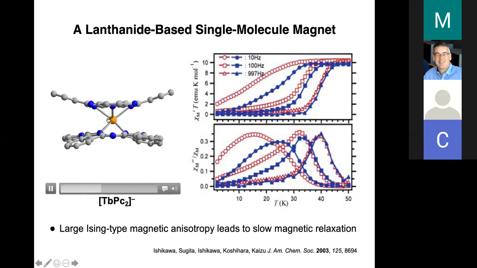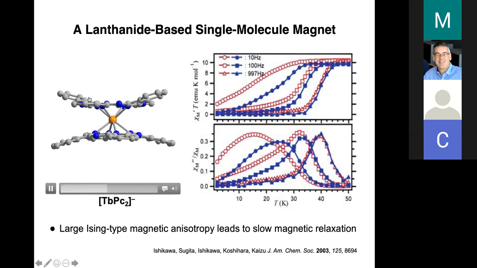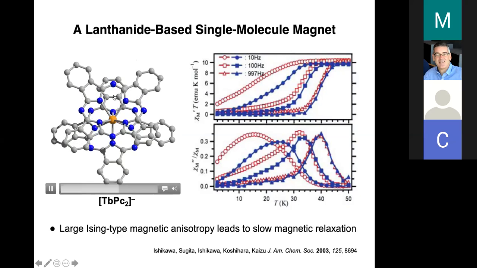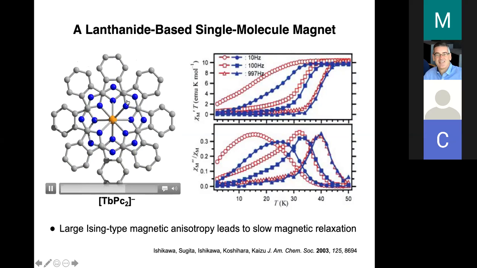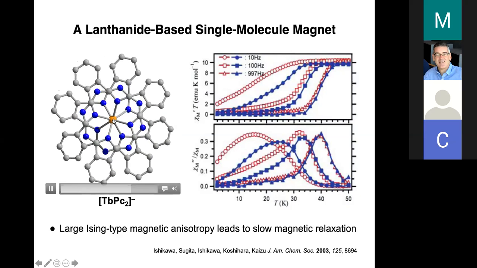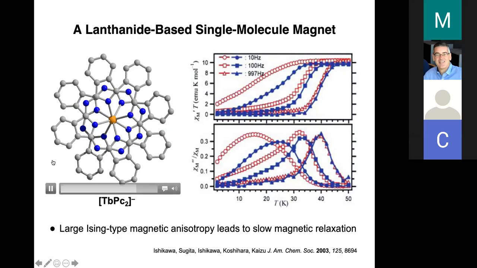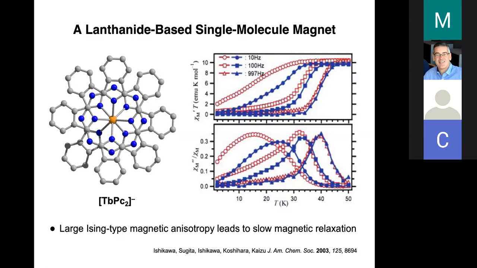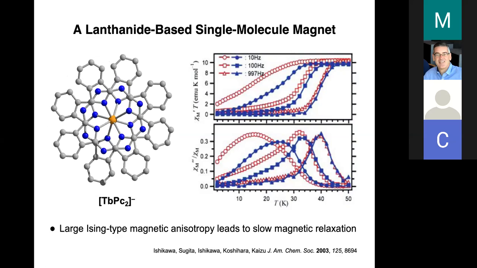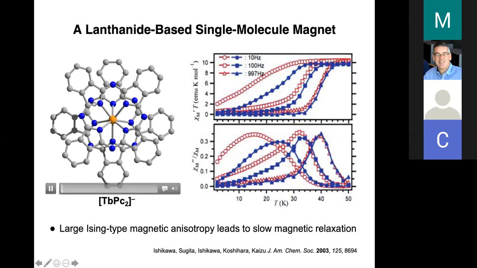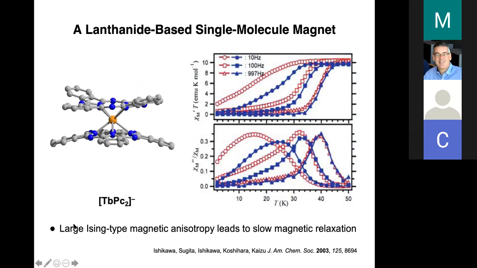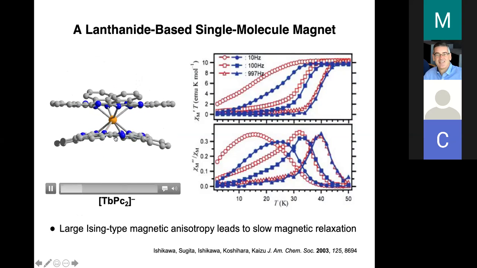This is terbium 3+, and it's got two phthalocyanine ligands, so the blue atoms are nitrogen. And you can see there's a very nice square anti-prismatic coordination geometry for the terbium center. And each of these phthalocyanine ligands has a 2- formal charge, so we have a total charge of 1-.